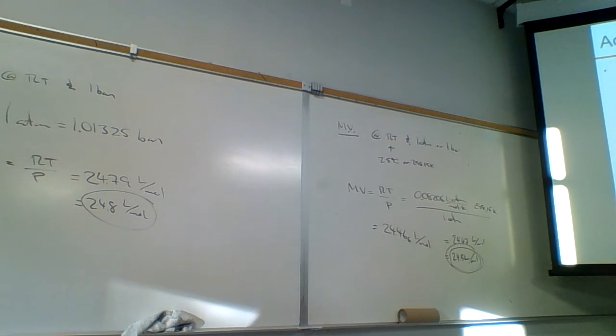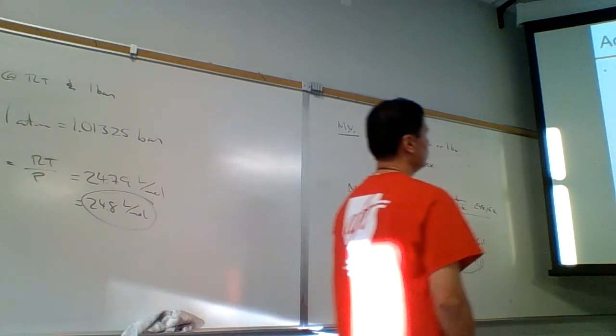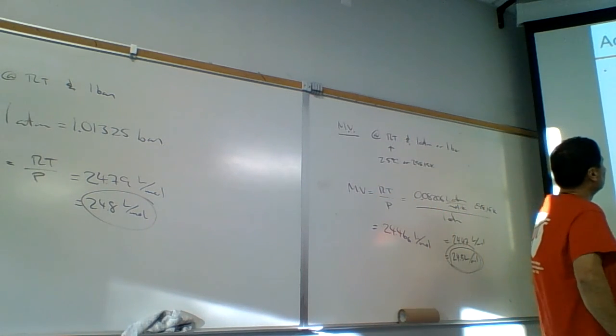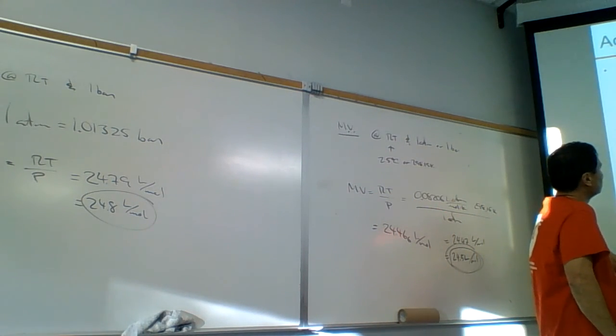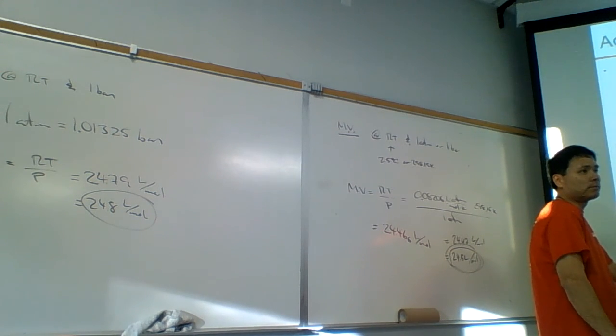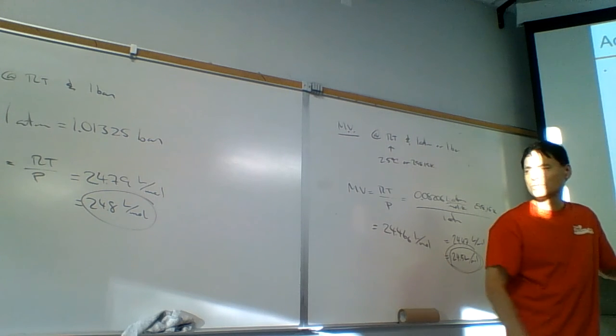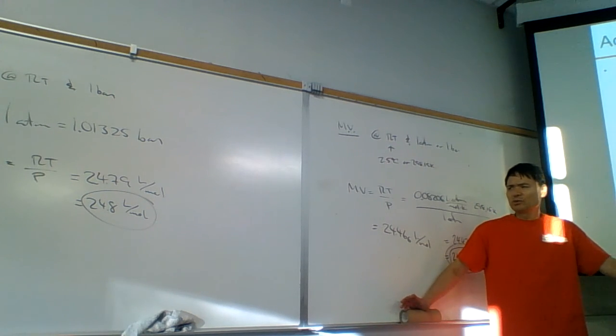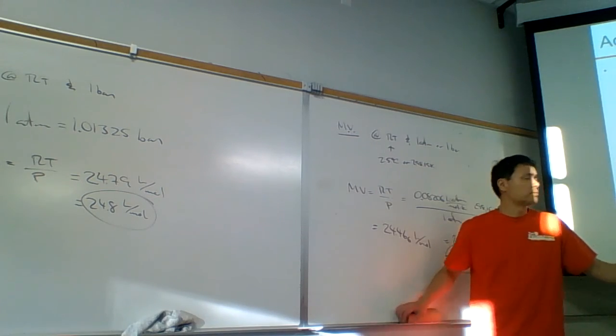For example, we could take a mixture. Air is a mixture of nitrogen and oxygen plus some other gases. So we could calculate the molar volume of air. A mole of air would contain 6.022 times 10 to the 23rd molecules of gas, just a mixture of gases.